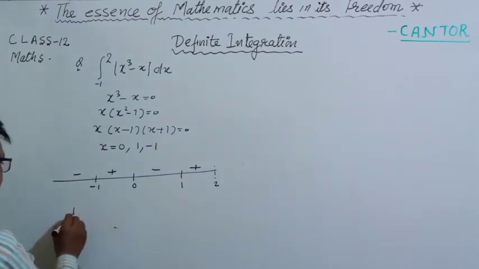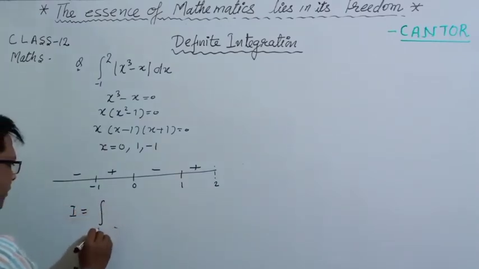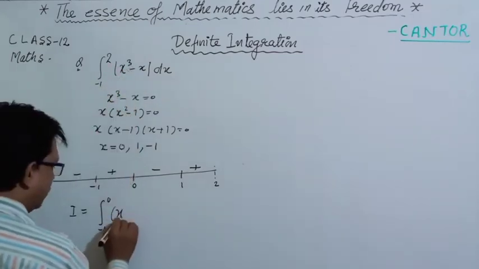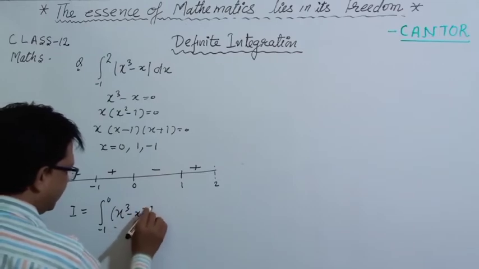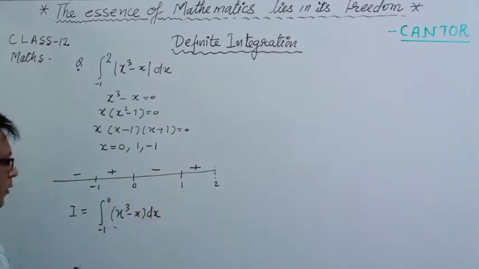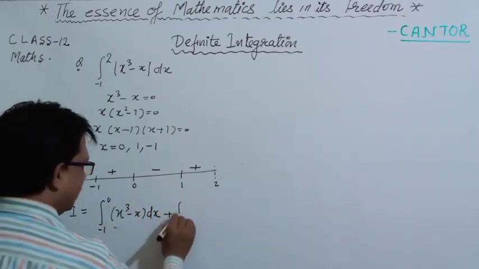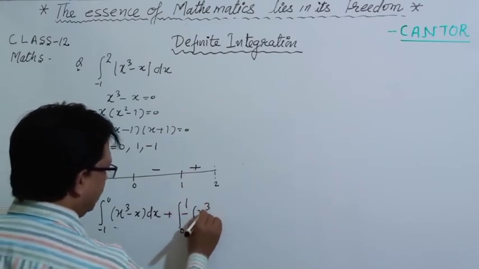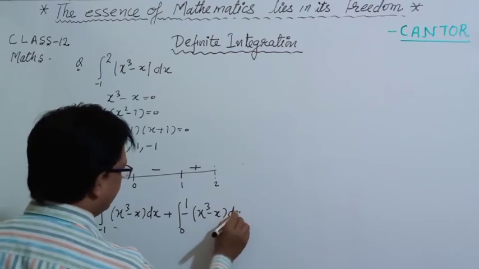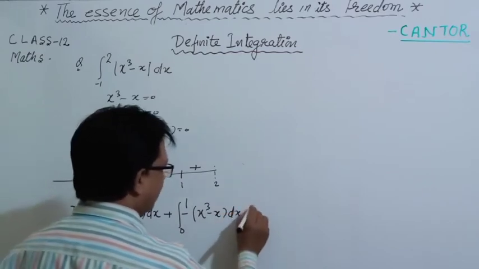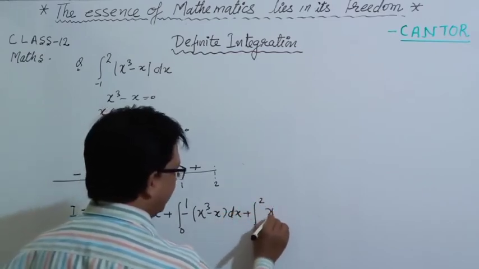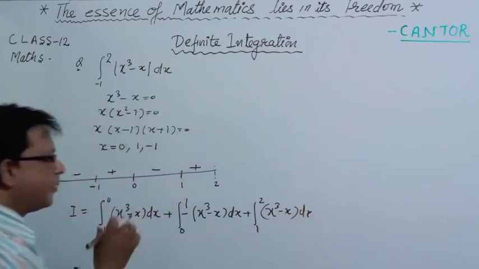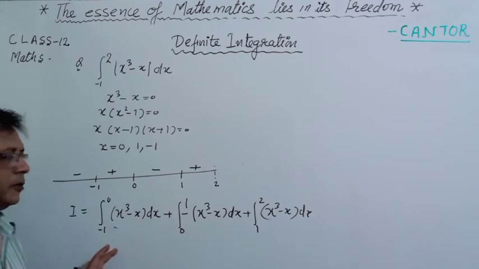So let's write this. From minus 1 to 0, our function is positive, so we write the integral of x cube minus x dx. Okay, student. Plus from 0 to 1, our function is negative, so minus of x cube minus x dx. Plus from 1 to 2, our function is again positive. This is the method of how we break the limit.